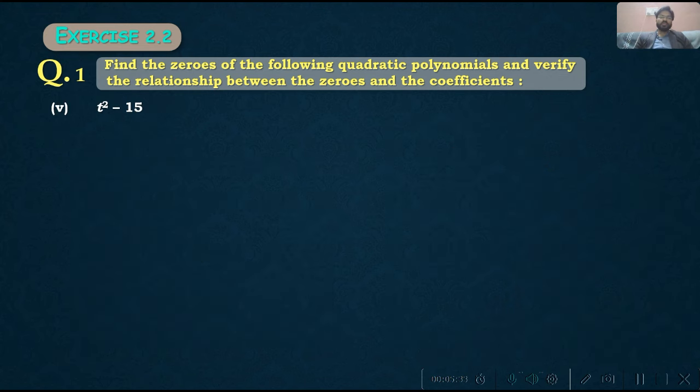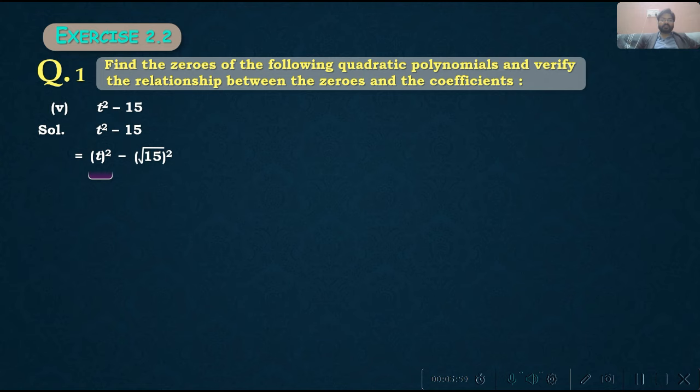Next question, we have t square minus 15. Now t square minus 15, we can write t square, and 15 we can write as root 15 square. So t square minus root 15 square.